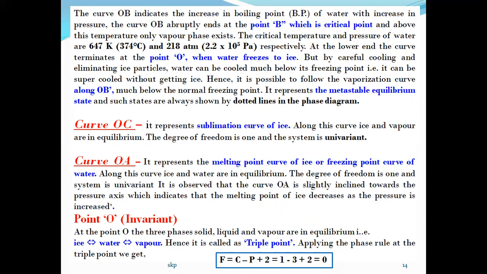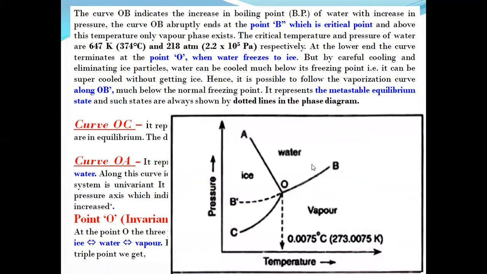Such behavior is called sublimation. So along this curve OC, ice and vapor are in equilibrium, the degrees of freedom is 1 and the system will be univariant.